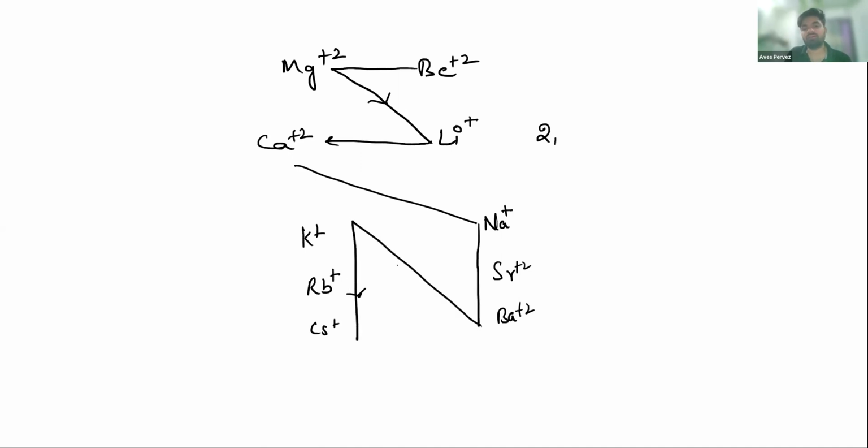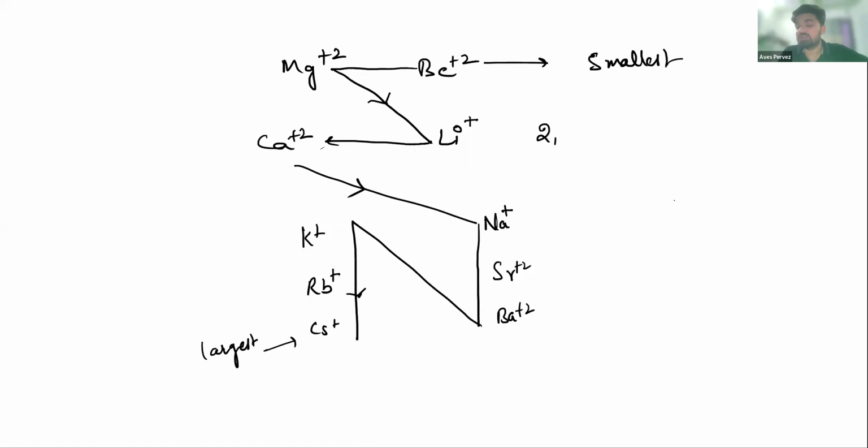You need to keep in mind how their order is. The radius of beryllium is the smallest in all. And in the cationic, positively charged form, this is the smallest and this is the largest.